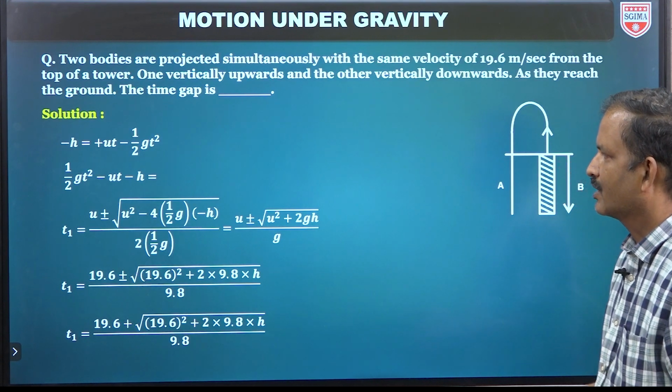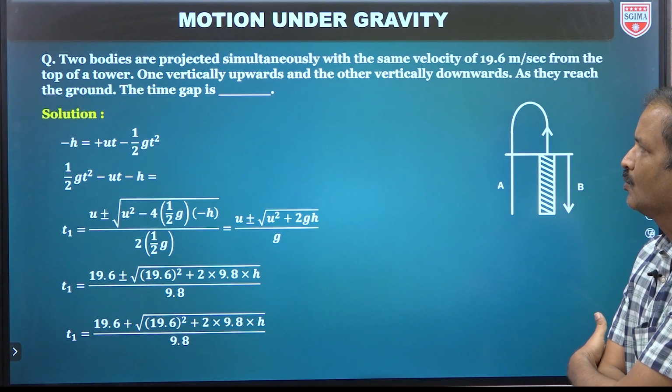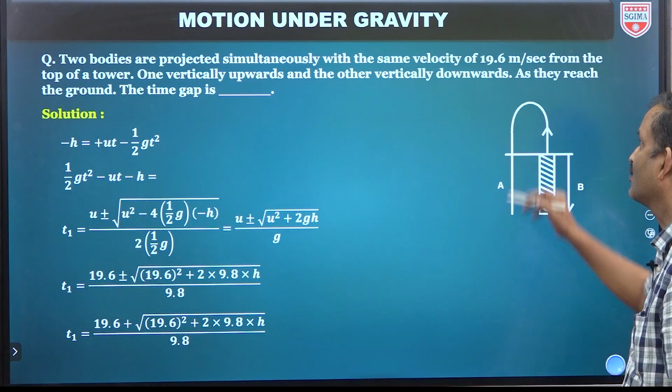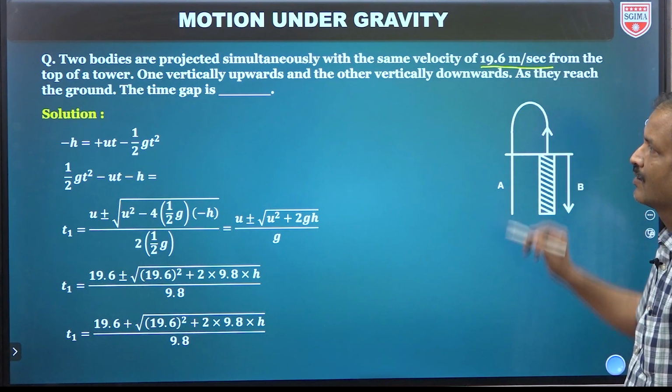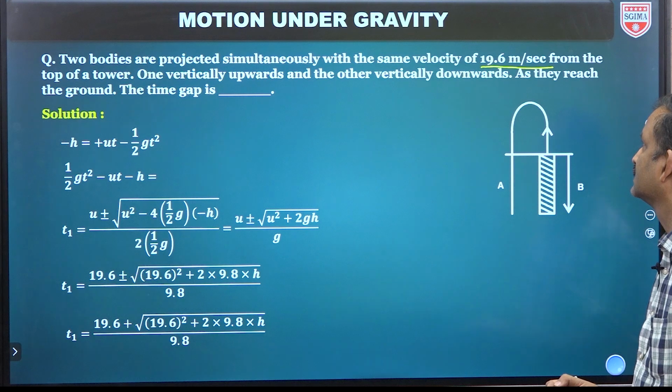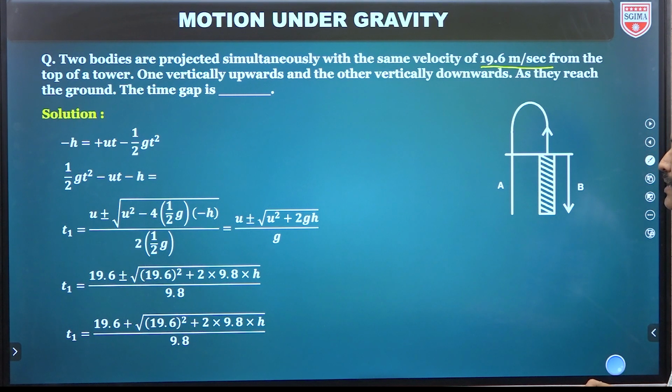Here, there is one question. Two bodies are projected simultaneously with the same velocity of 19.6 meters per second from the top of a tower, one vertically upward and the other vertically downward. As they reach the ground, the time gap is?